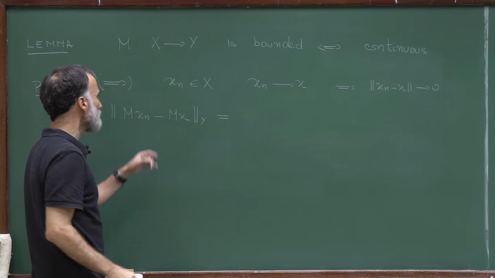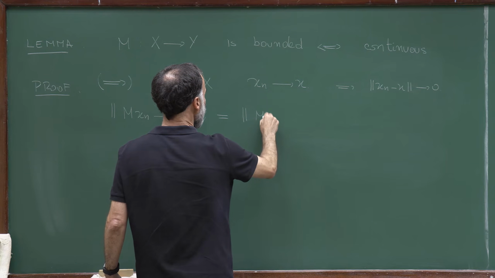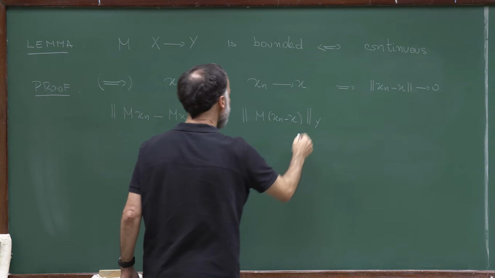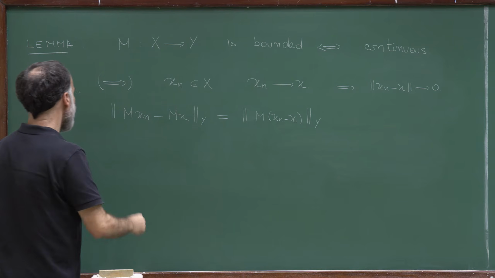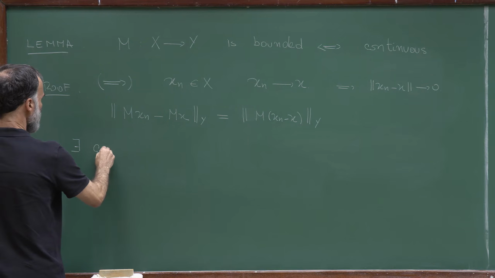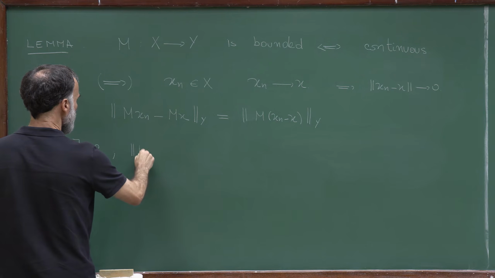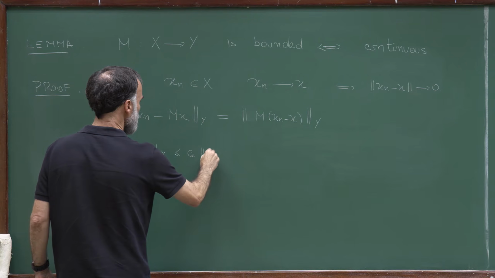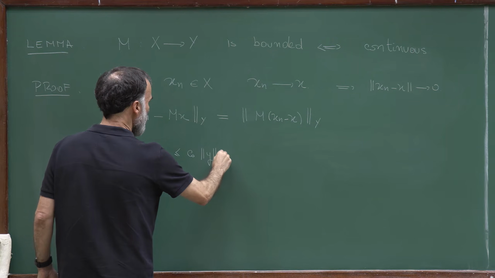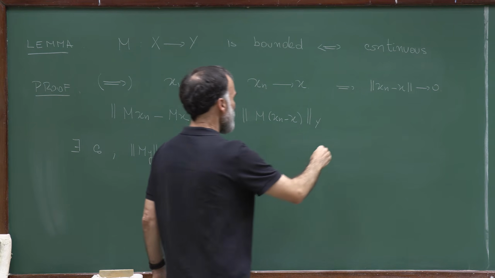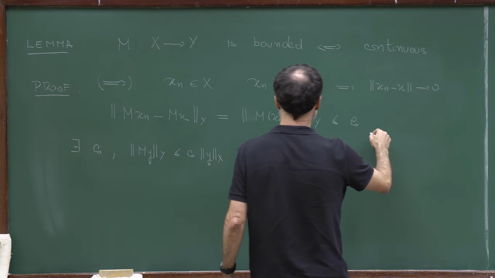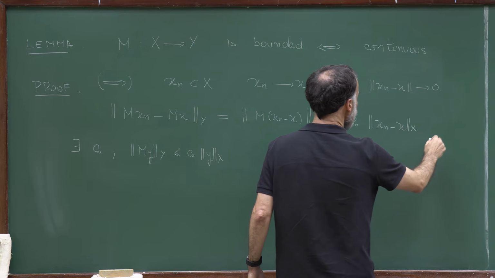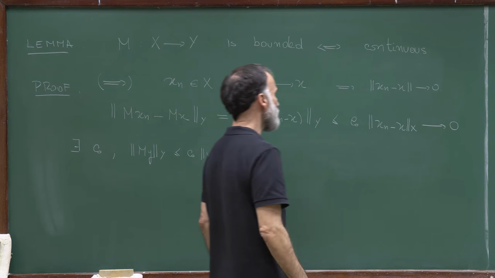Well, M is linear, so the norm in Y of Mxn minus Mx is equal to the norm of M of xn minus x. M is bounded, so there exists a finite constant C0 such that the norm of My is bounded by C0 times the norm of y for all y in X. So by this bound, this is less or equal than C0 times the norm in X of xn minus x, and this by assumption is converging to 0.